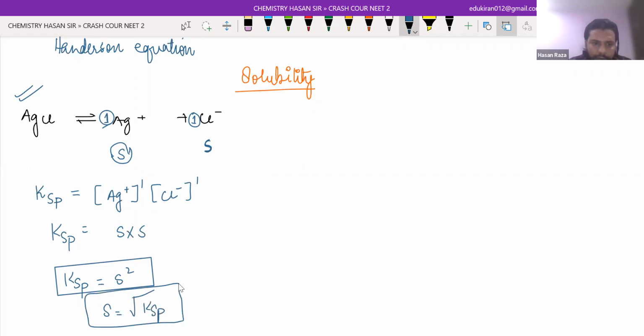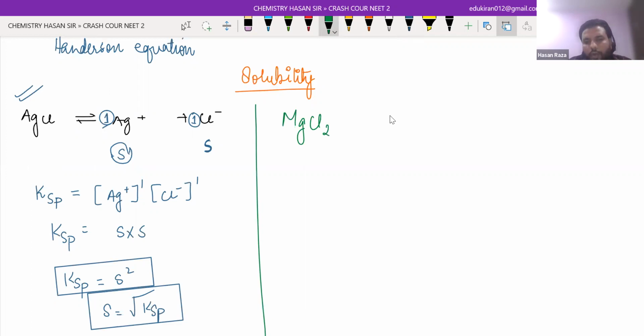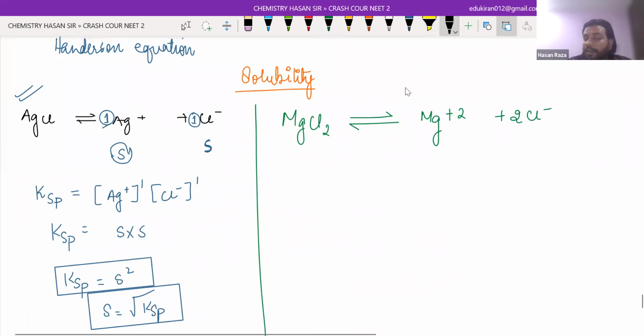You will get it. I'm going to take another example. If you have MgCl2 and someone asks you what is the expression of Ksp, you are going to dissociate it. You know that magnesium will go as Mg+2 and Cl as Cl-. Now in order to balance it, I'm going to multiply Cl by 2, and now the atoms and charge both are balanced. Now you can see this is your solubility S, then the solubility of this will be 2S, since this is 2 mole, this is 1 mole.